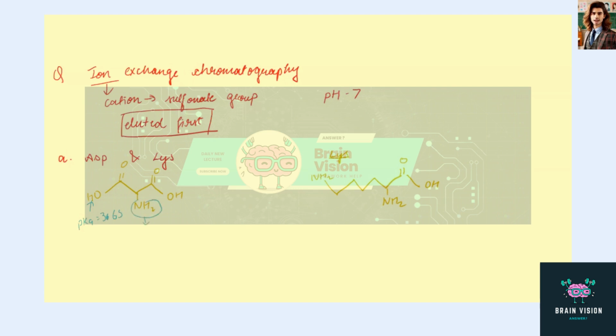For this, the pKa value is 9.60. And for this, the pKa value is 1.88. In lysine, here the pKa value is 6. For this, the pKa value is 9.17. For OH, the pKa value is 2.18.